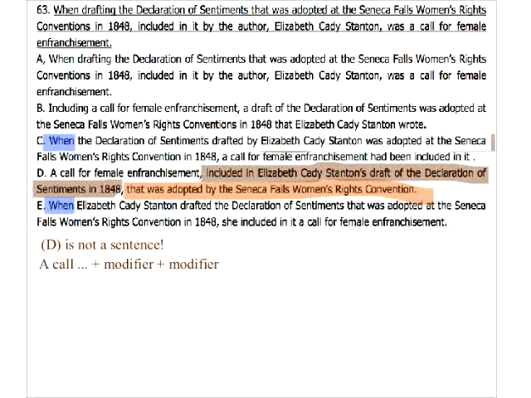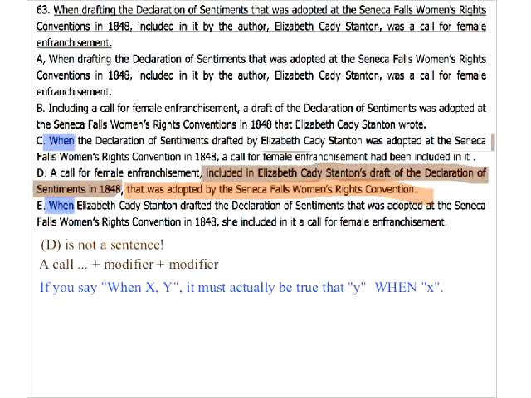So if you say when x, comma, y, it must actually be true that y happened when x happened. In other words, the time frames have to be right.